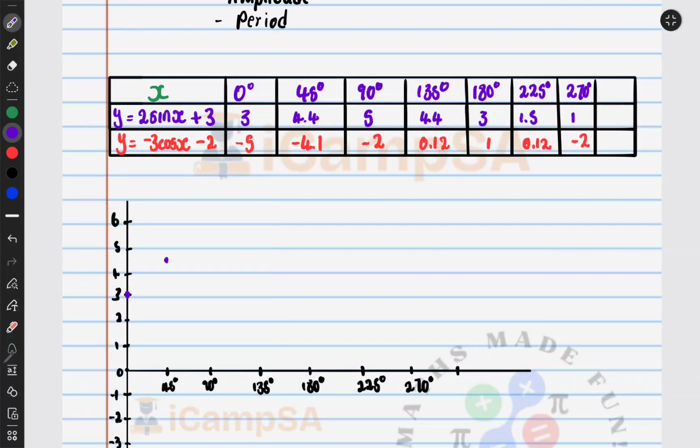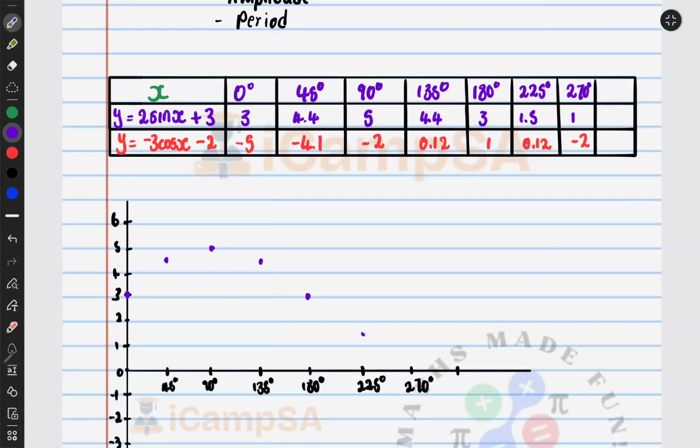And then where x is 90, y is 5. 135 and 4.4, 180 and 3, and then 225 and 1.5.